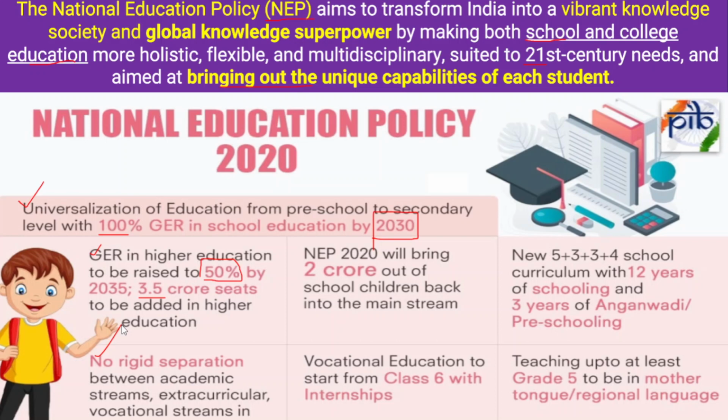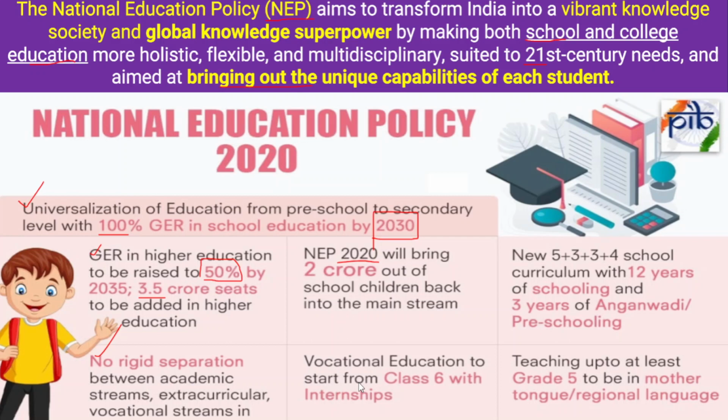They also play a very important role in the all-round development of a child, right? However, the National Education Policy 2020 will bring 2 crore out-of-school children back into the mainstream. There are around 2 crore out-of-school children, and they will be brought back into the education system.